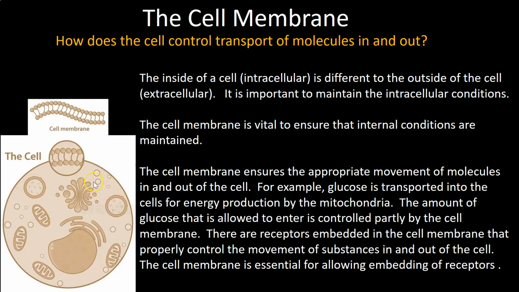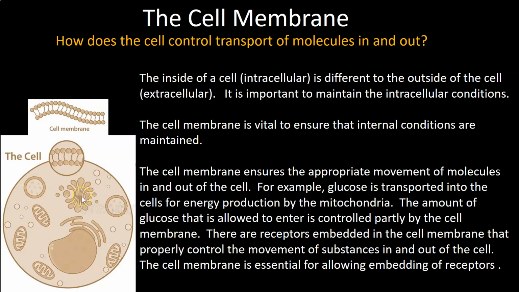The cell membrane also, as I said, helps to transport molecules in and out. We consume food, nutrition, that's all broken down, it's digested, and then those nutrients are passed from the digestion into individual cells. One of the nutrients we've already mentioned is glucose. Now glucose can't just enter the cell willy-nilly. There has to be a control mechanism for glucose. The cell will only require so much glucose.